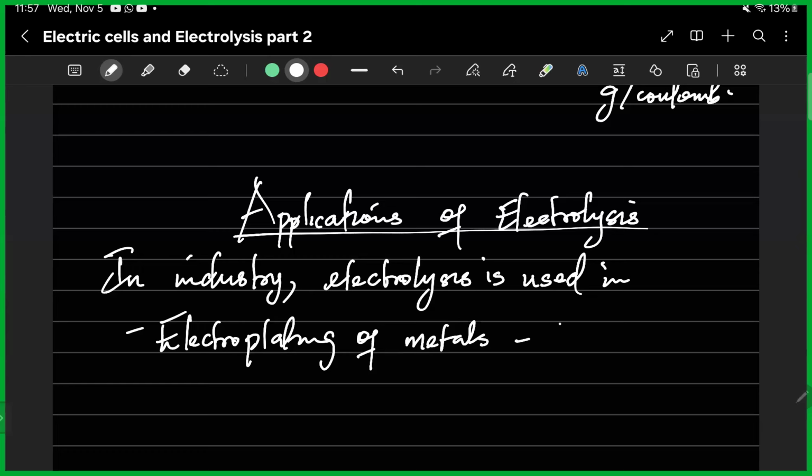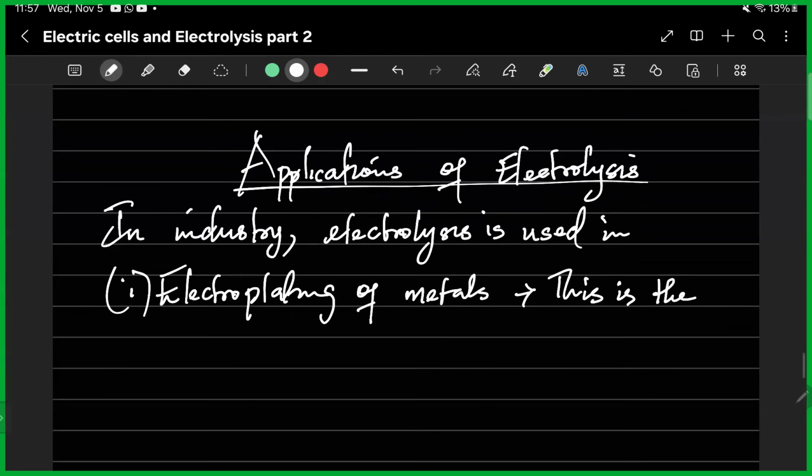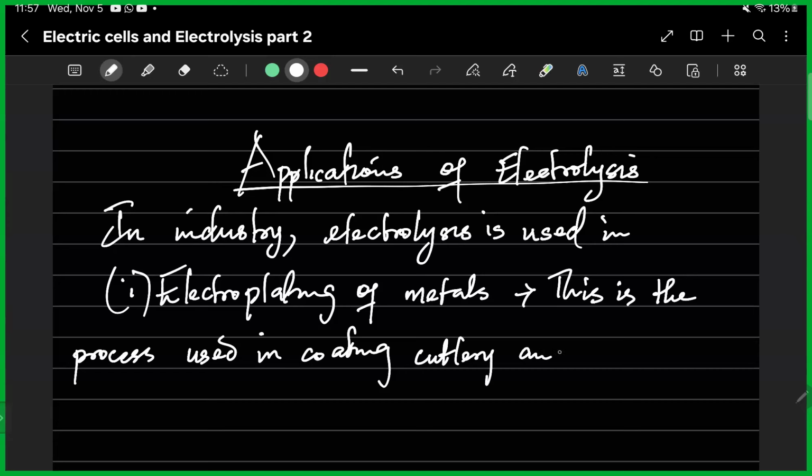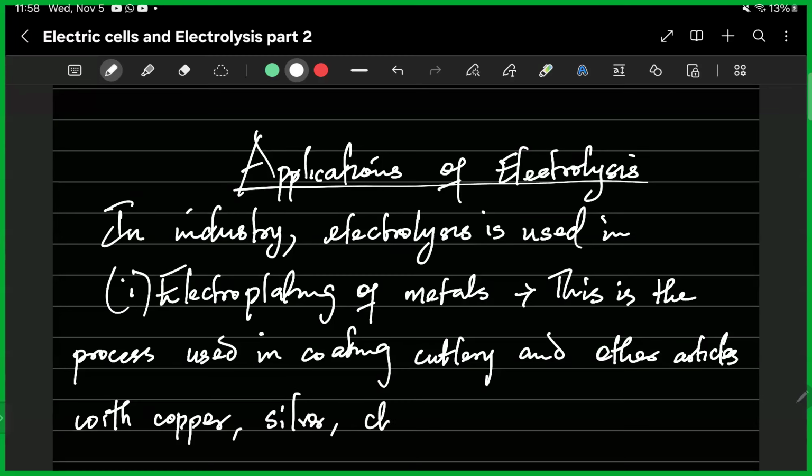What does that mean? This is the process used in coating cutlery and other articles with copper, silver, chromium, nickel, or gold.